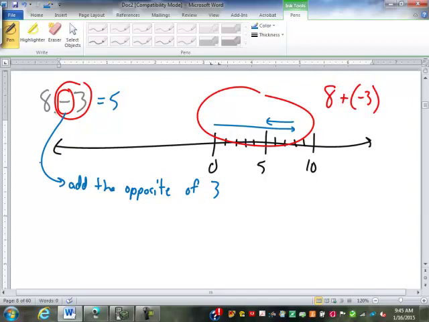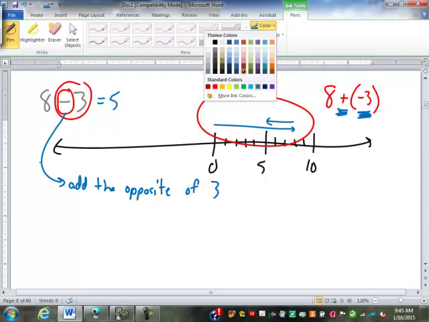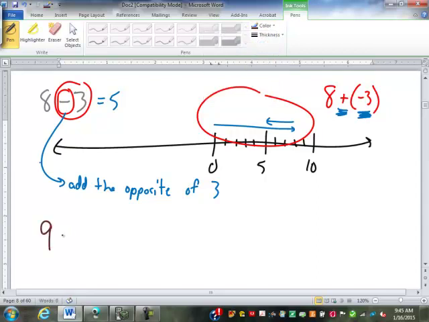So 8 minus 3 really means 8 plus the opposite of 3, which is -3. So if I have 9 minus 7, that really means 9 plus a -7. Now realistically, 9 minus 7, I know that's 2, so I don't need to change it.